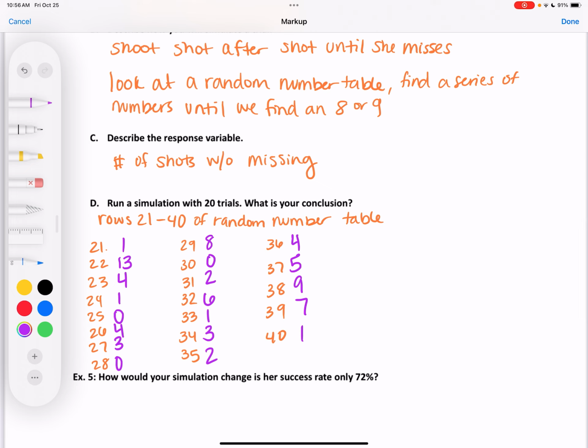Yep. Busy day. All right, so I ran 20 trials, and what I'm going to do now is add up all of these numbers that I have in here for how many shots she took, and then divide by 20. So I'm going to find the average of how many shots she would make before she misses.